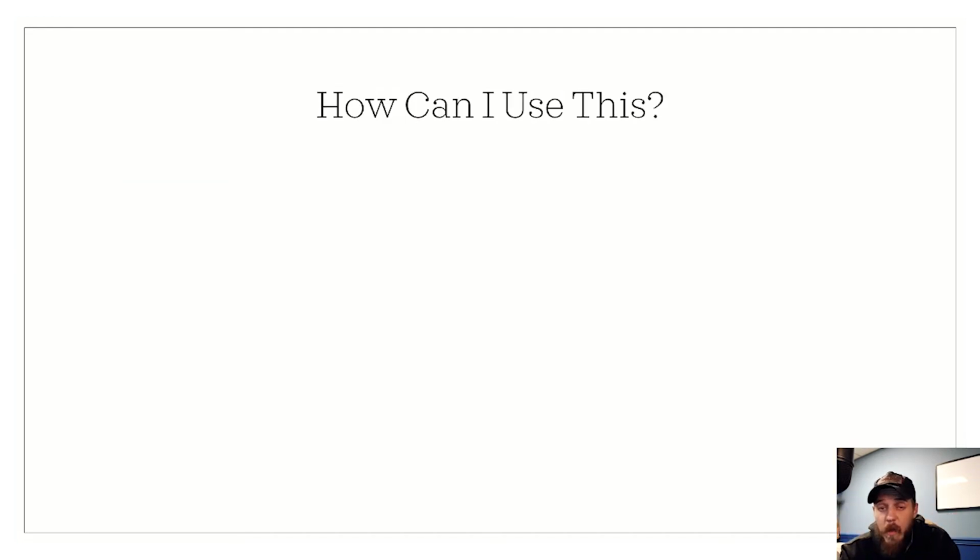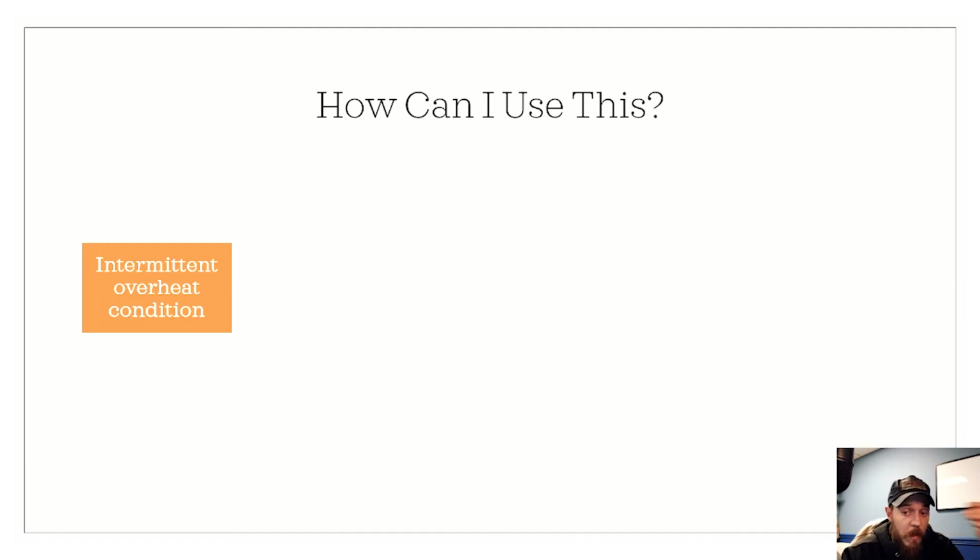So how can I use this? Say you got an intermittent overheating condition in a cooling system, right? You've replaced the thermostat, maybe you've done a coolant flush on the system, maybe you've replaced some hoses, you suspect a blockage, right?